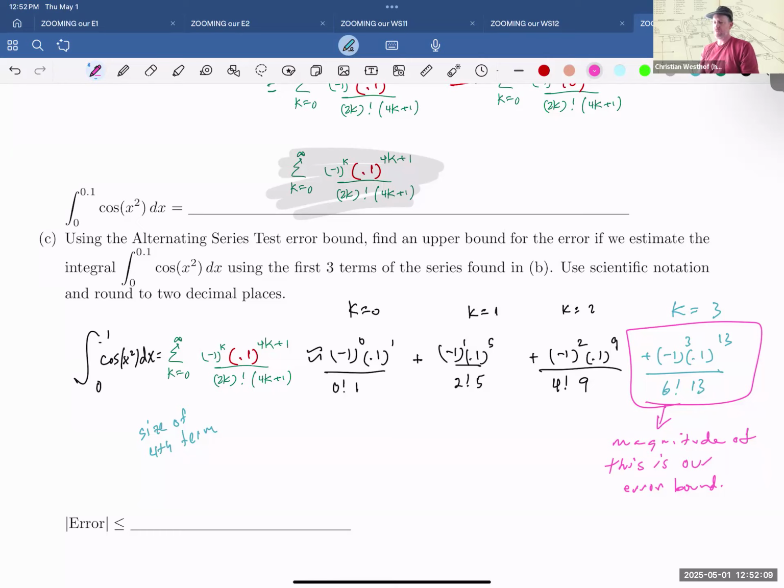I got 1.07 times 10 to the -17. And I believe that was correct.